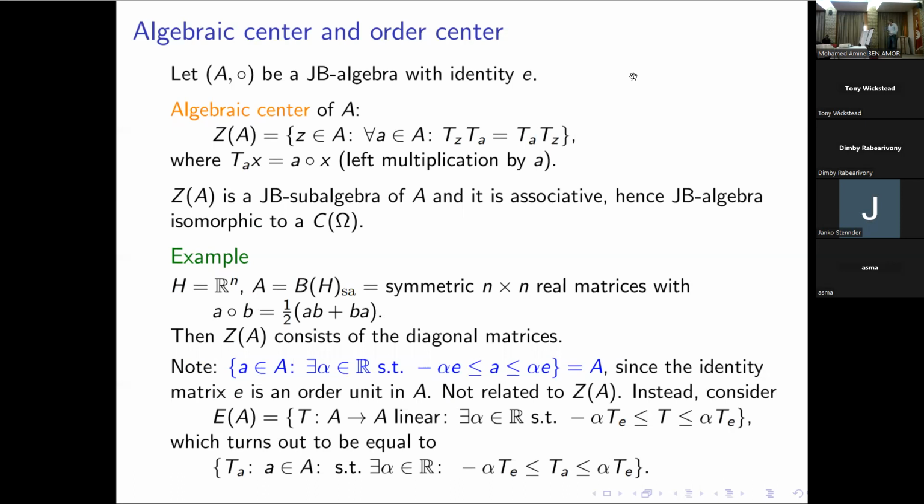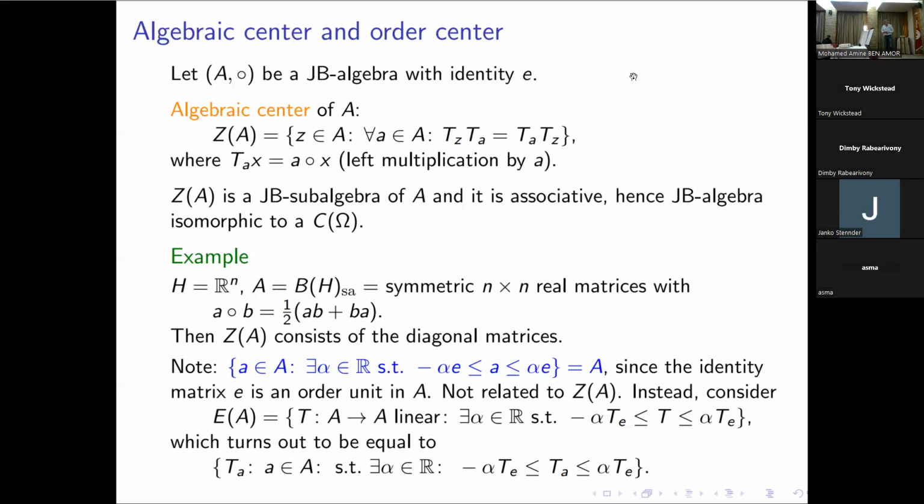Okay, that was about the order center. On such a JB algebra, we also have an algebraic center. Let's now see how the two are related, and see if we can find relations between those two centers. To remind you, the algebraic center consists of all elements of the Jordan algebra such that for every other element, the multiplication operators commute.